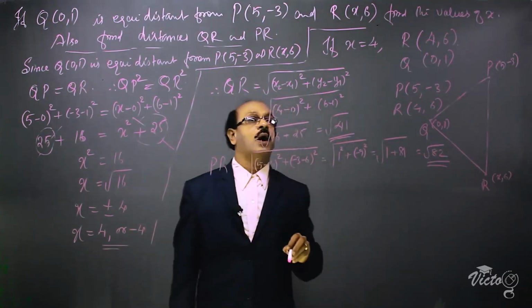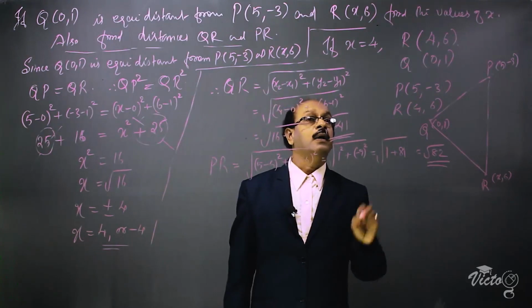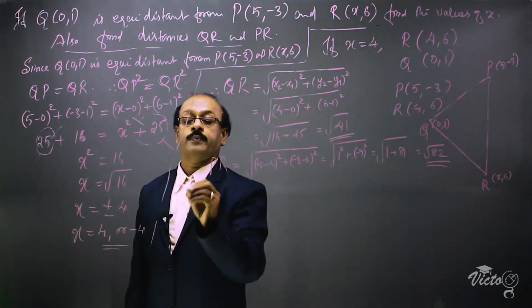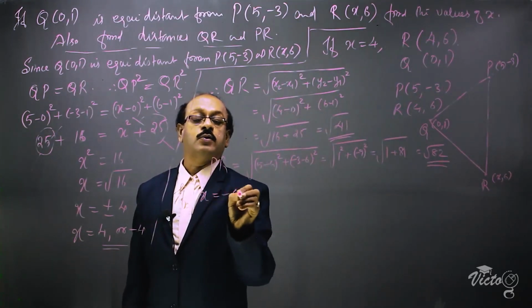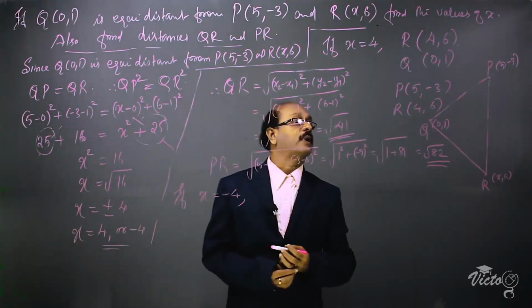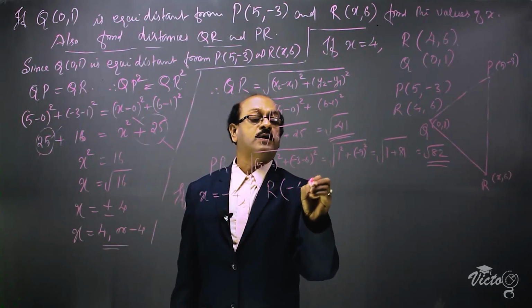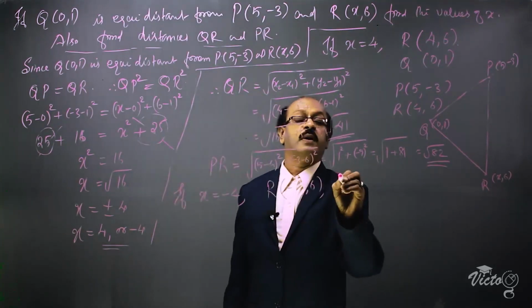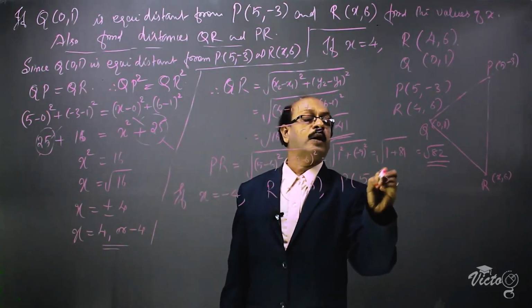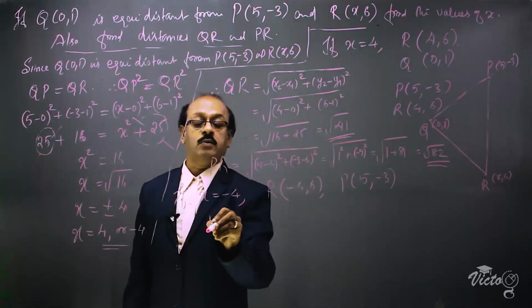Now if x is equal to -4, R becomes the point (-4,6) and P is (5,-3).